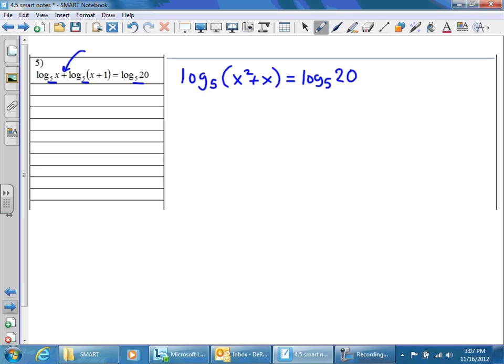Now that they're set equal with the same base, I can set the insides equal. Now this becomes not so bad.